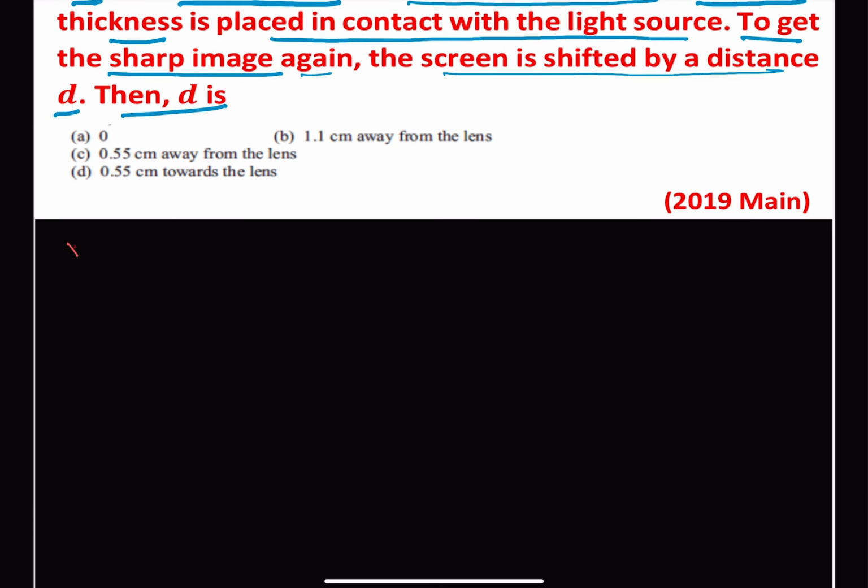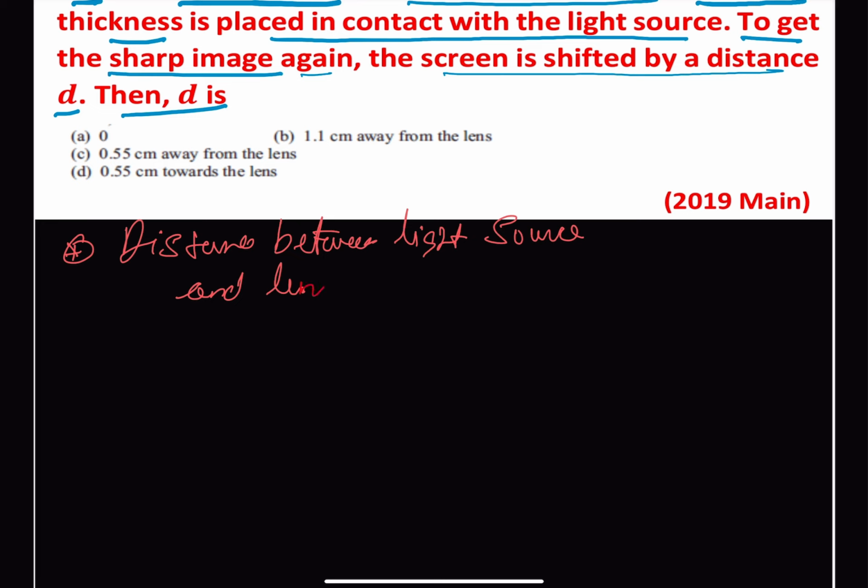So we can divide this question into two parts. One will be without the insertion of the glass block and the other will be with the glass block. So first of all, we are given the distance between the light source and the lens, and that is given as 10 centimeters.